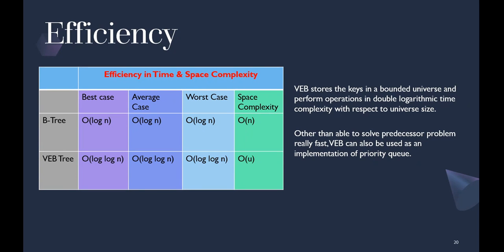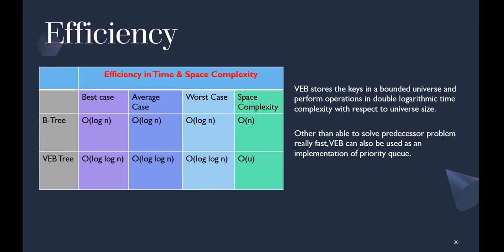For the efficiency, as we can see, in best, average, and worst case, B-tree has O(log n), and VEB tree has O(log log u), and B-tree has linear space complexity, where u stands for universe.